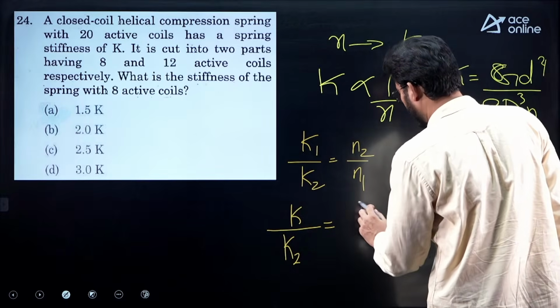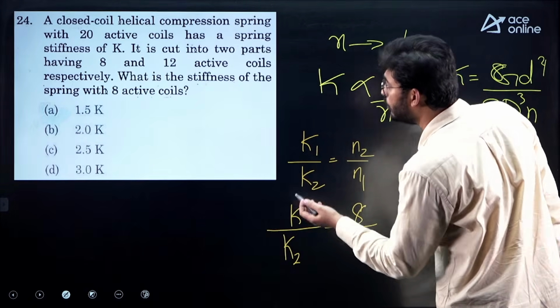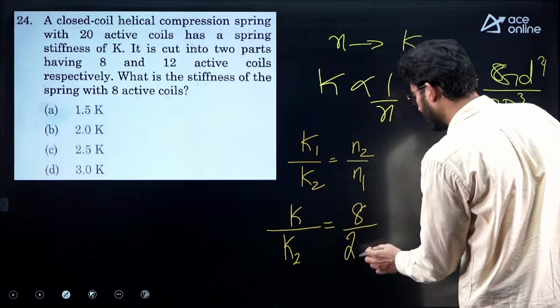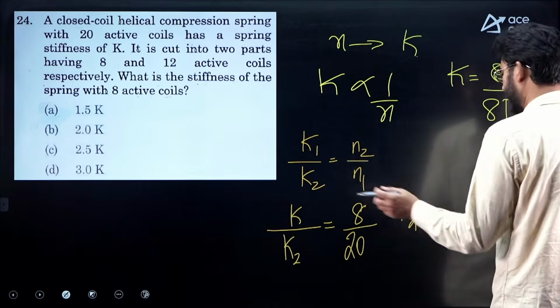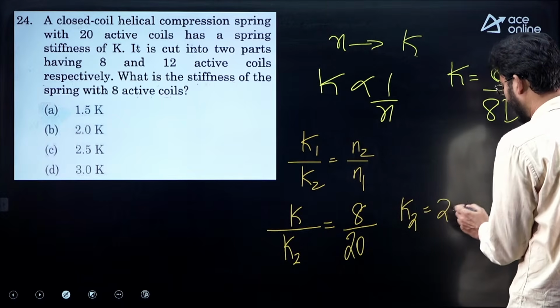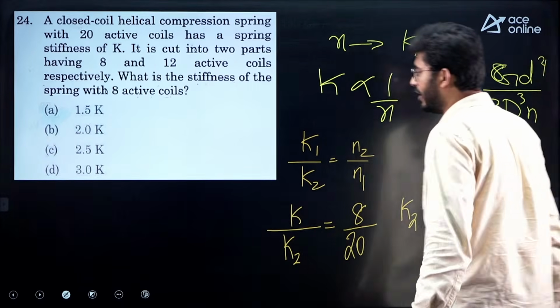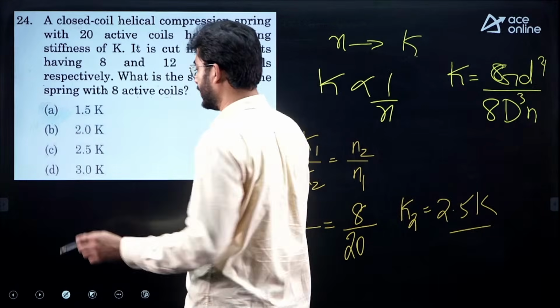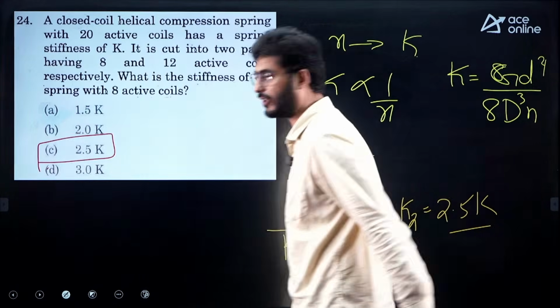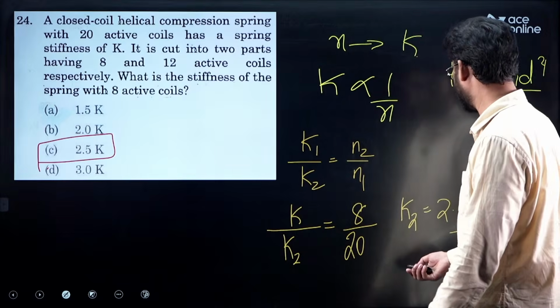So N2 is 8 and N1 is equal to 20. So here if we solve, K2 is equal to 20 by 8, 20 by 8 is 2.5 times K. So the modified stiffness of that spring containing only 8 turns is 2.5 times K. Okay, option C is the answer.